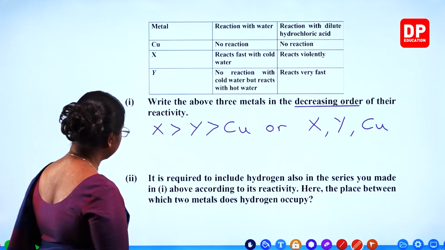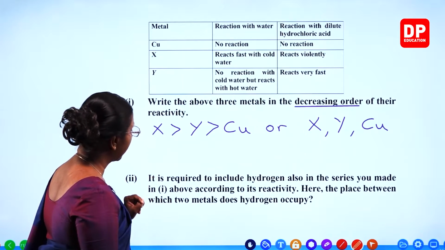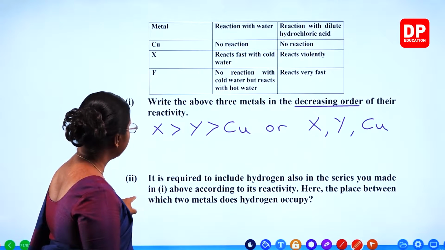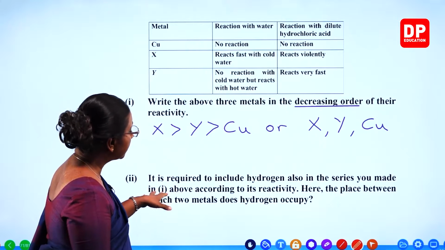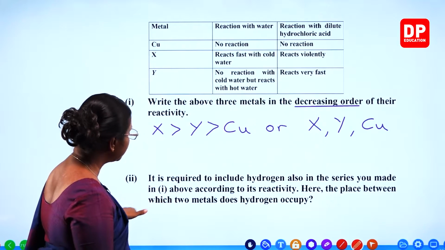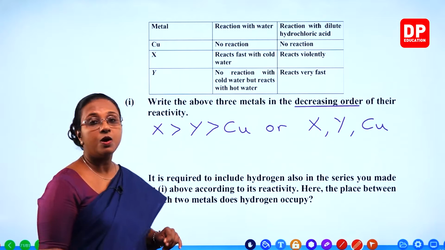So then the second part, it is required to include hydrogen also in the series you made in one above, according to its reactivity. Here the place between which two metals does hydrogen occupy?